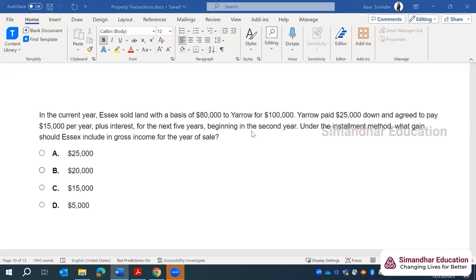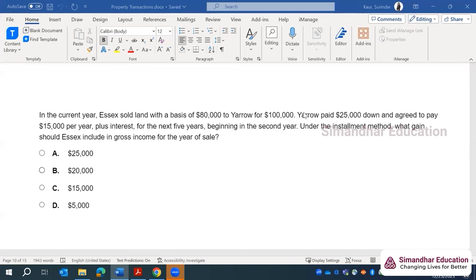Second is, what is my gross profit percentage? Which is my gross profit as my numerator and my sale price as my denominator. Okay. So 20,000 divided by $100,000, my gross profit is 20%.